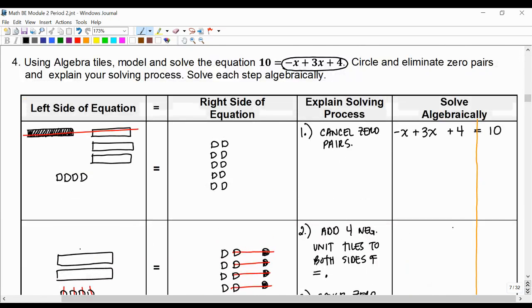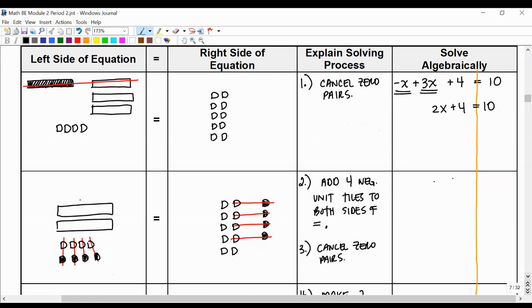All right. And let's think about what steps we did. Step one was we cancel zero pairs or combine like terms. And if you can't add these, you can always look at your tiles because we already added these. So all of the answers to these steps are over here. We're doing the same thing. All right, so then we had 2x plus 4 equals 10, and we added -4.